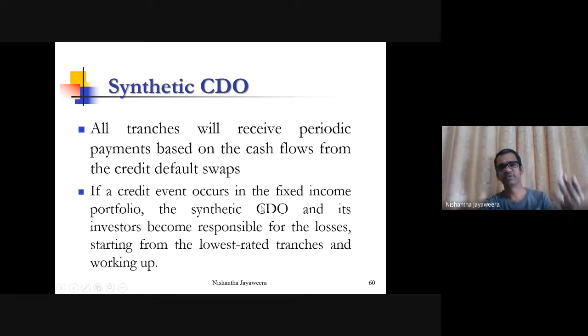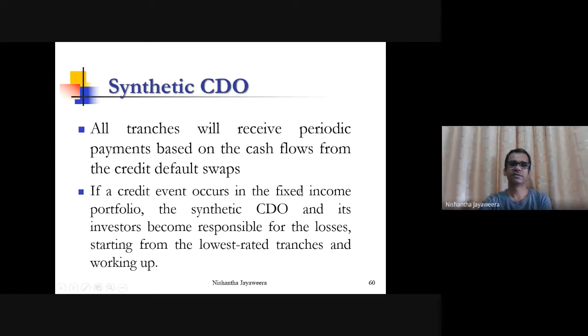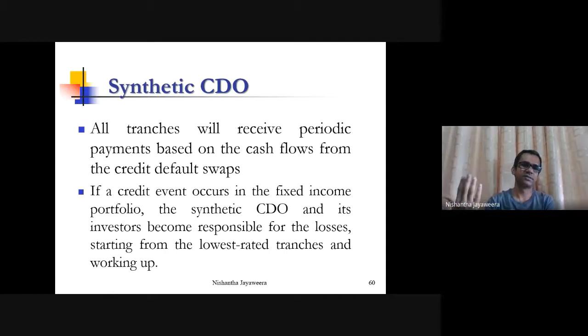When you write a credit default swap, you get premiums, and using those premiums they will receive the payments. But if any loss occurs, then you have to pay out the buyers of the credit default swaps.